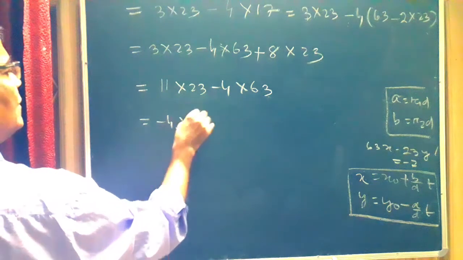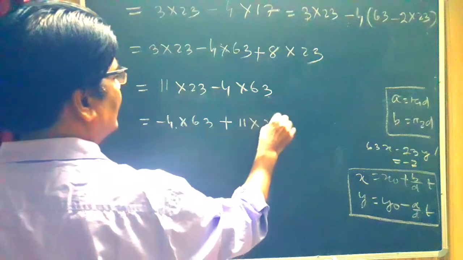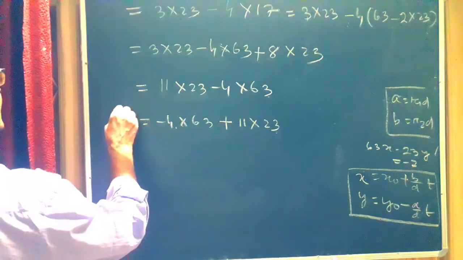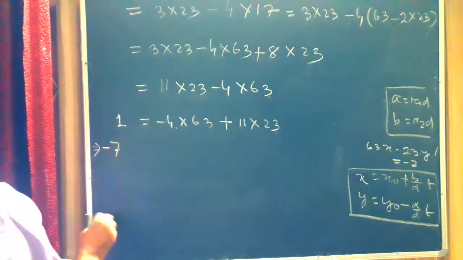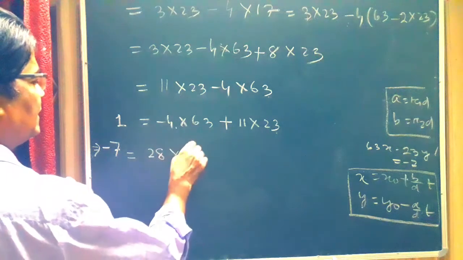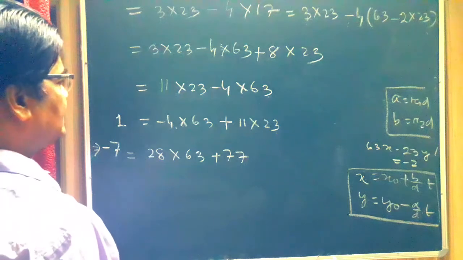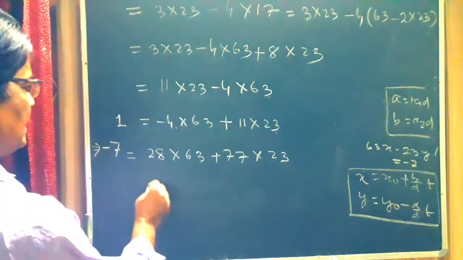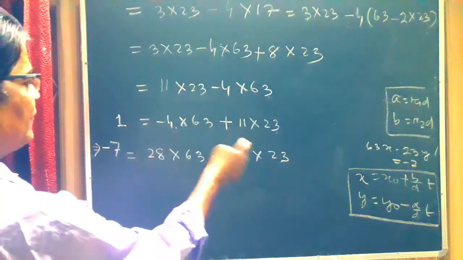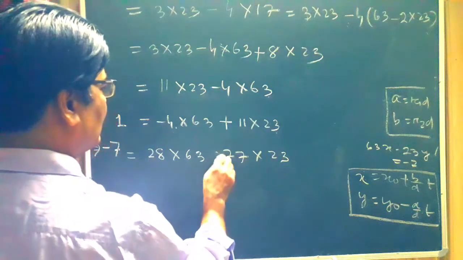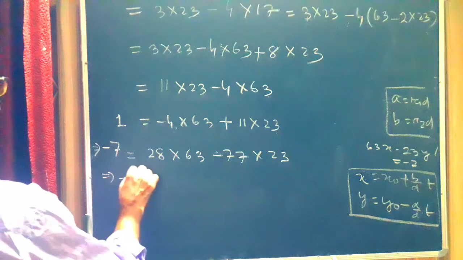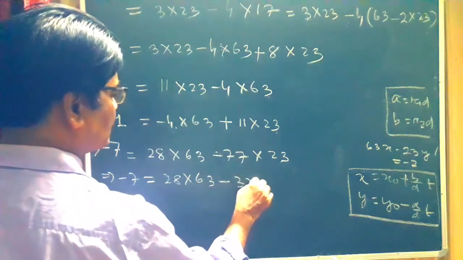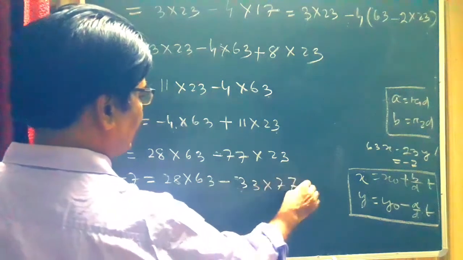So 1 = -4 x 63 + 11 x 23. So we can write -7 = 28 x 63 - 77 x 23.